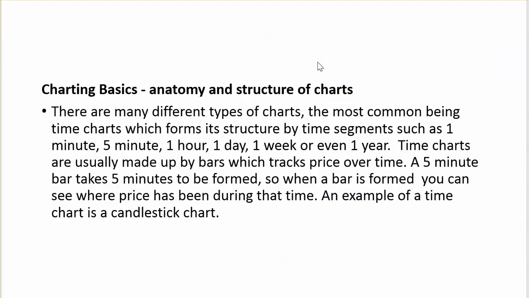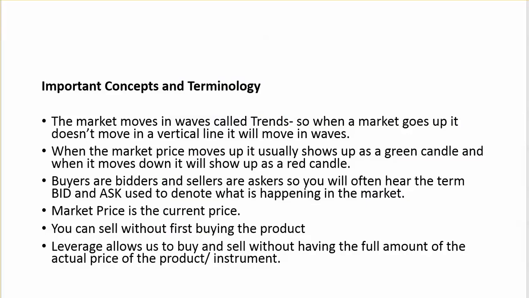Some important concepts and terminologies that we're going to look at are about the market movement. Before we do that, we're going to have a quick look at the market concept in terms of charts and the candlestick chart.